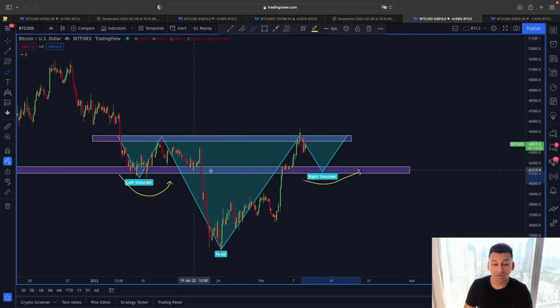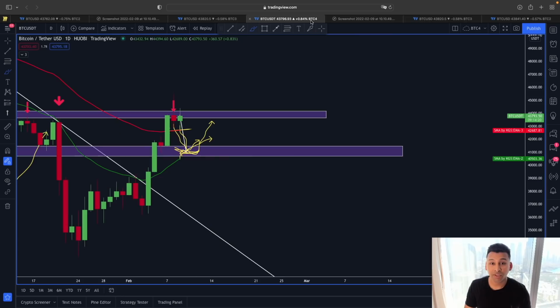So this line around 41 to 42,000 is going to be another strong line of support along with this 50 exponential moving average for Bitcoin.